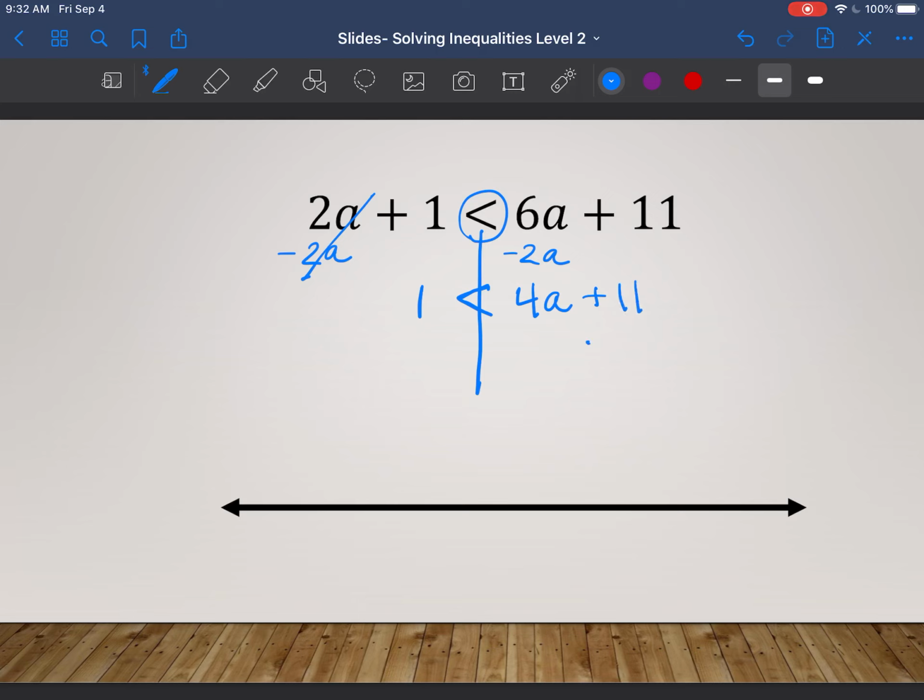Next, I'm going to isolate the a. We need to get rid of the 11 first because it's not attached. So subtract 11, leaving me with a negative 10 on the left, draw the inequality symbol, and a 4a on the right.